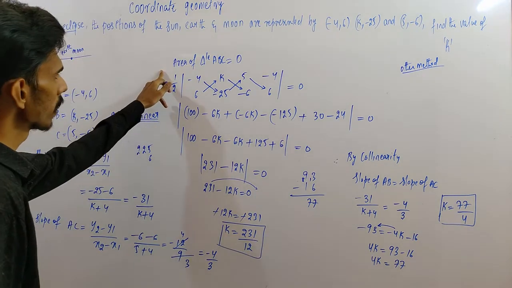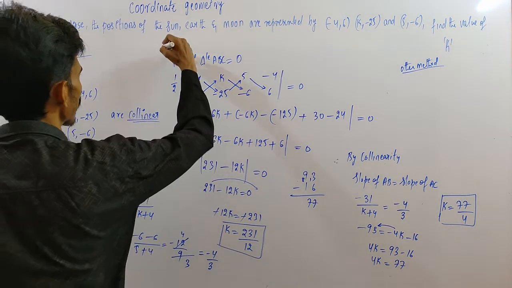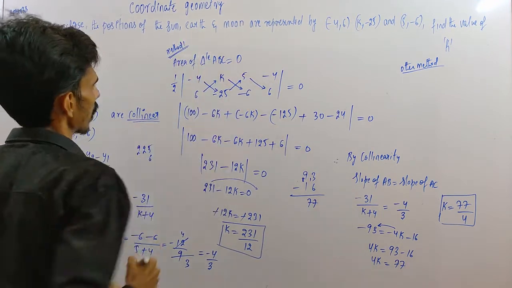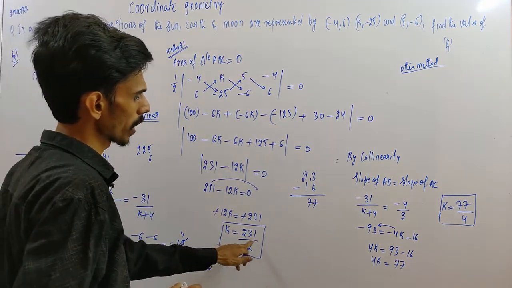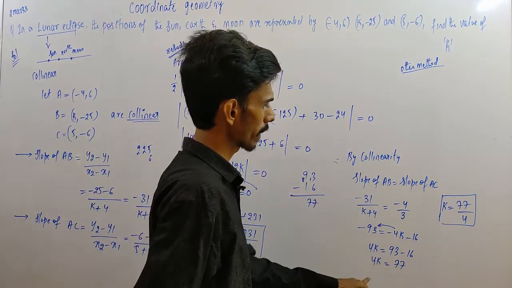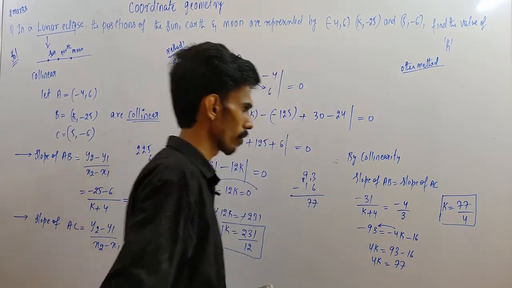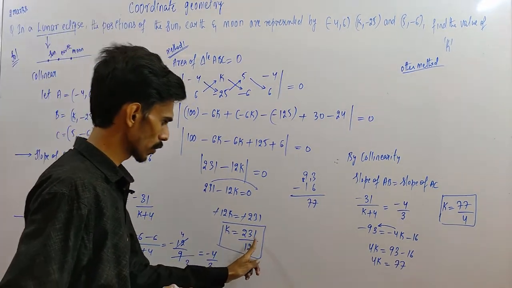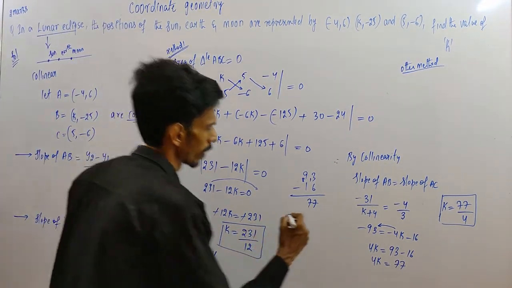By the first method, method 1, we got result k as 231 by 12. By the other method, we got k value as 77 by 4. The value of k should be the same. Let us solve this 231.